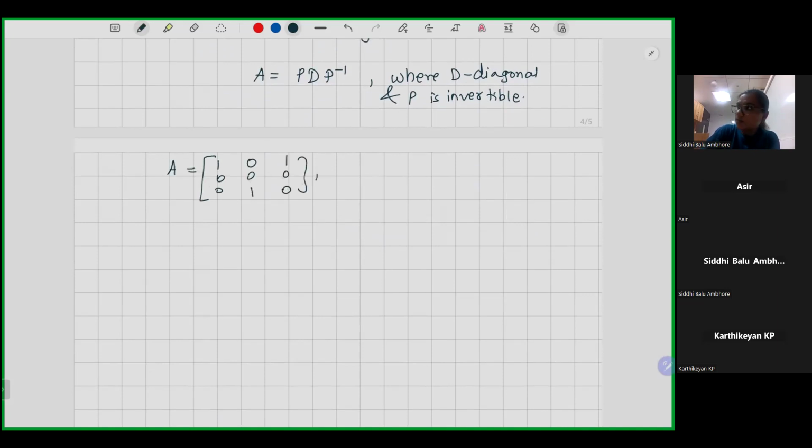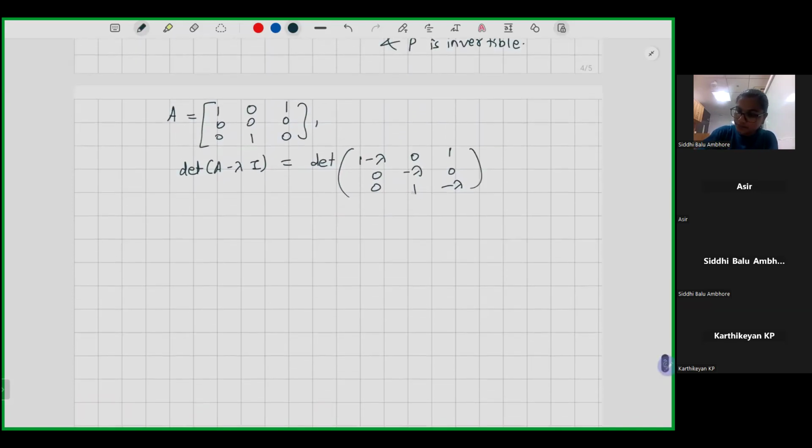Then the determinant of A minus lambda I will be the determinant of 1 minus lambda, 0, 1, 0, 0 minus lambda, 1, which is 1 minus lambda and lambda square, minus 0 into anything, plus 1 into 0 minus 0. Okay, so it is 1 minus lambda square. So this implies the eigenvalues are lambda equal to either 0 or lambda equal to 1.